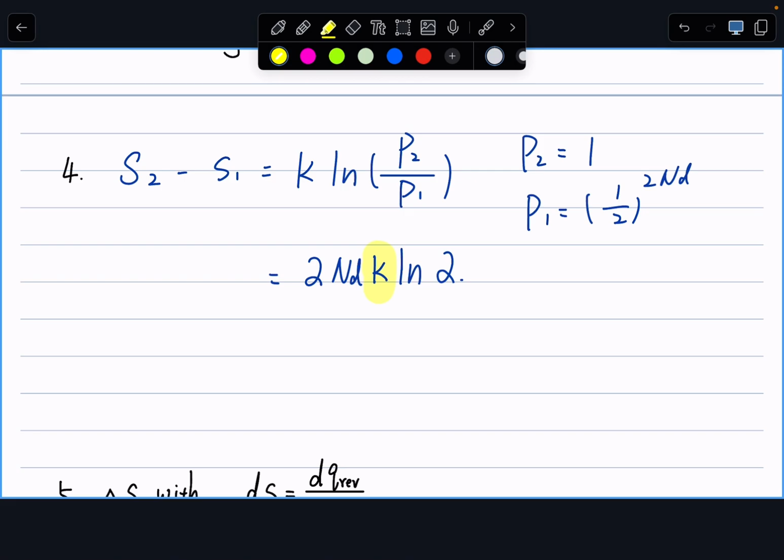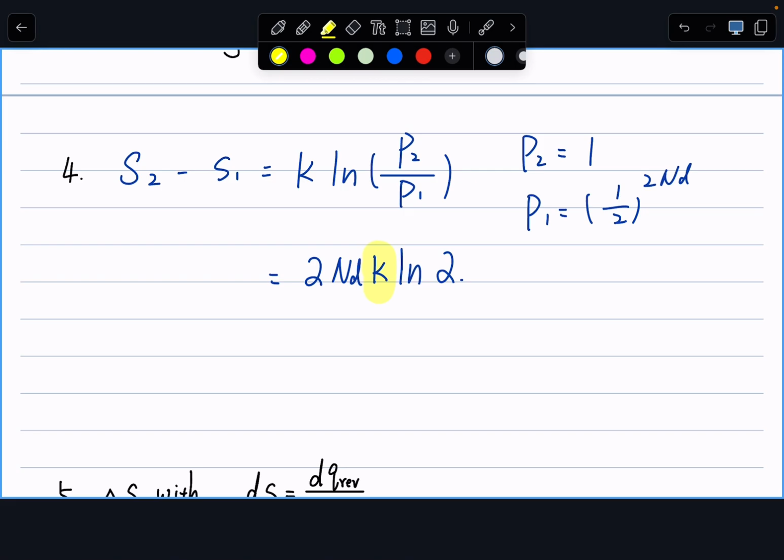All right. So what do we have? Now we have two expressions of my delta S mix. One comes from my thermodynamic calculation, building the reversible path and solving it using our definition of entropy.